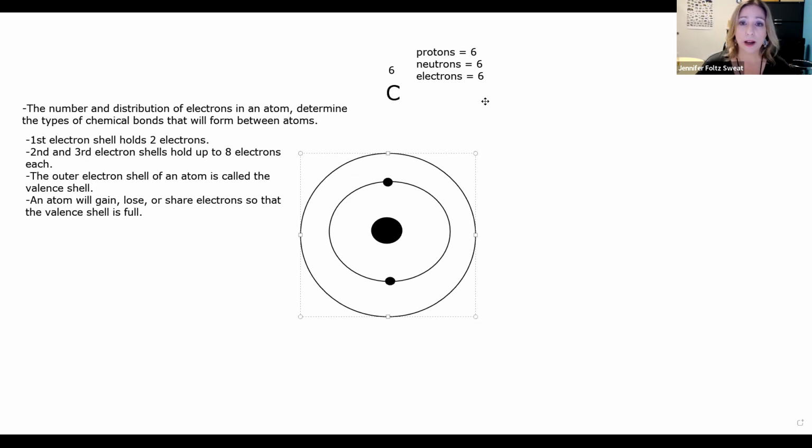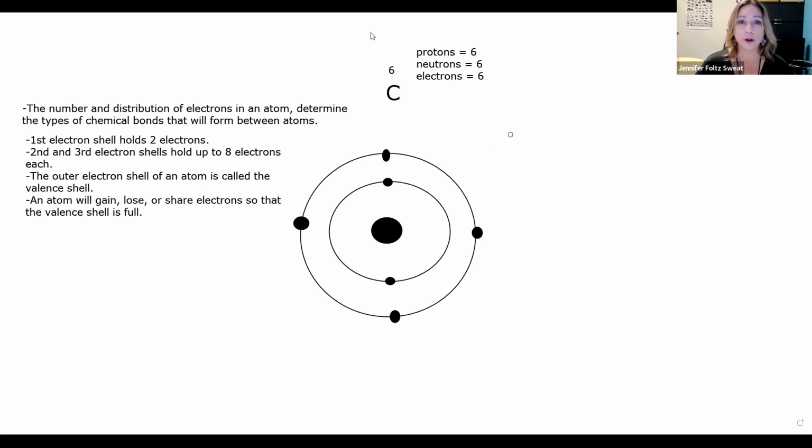This is my second electron shell. I already have 2 electrons. Here's my third electron, fourth, fifth, sixth. So my carbon atom now has 6 electrons: 1, 2, 3, 4, 5, 6.